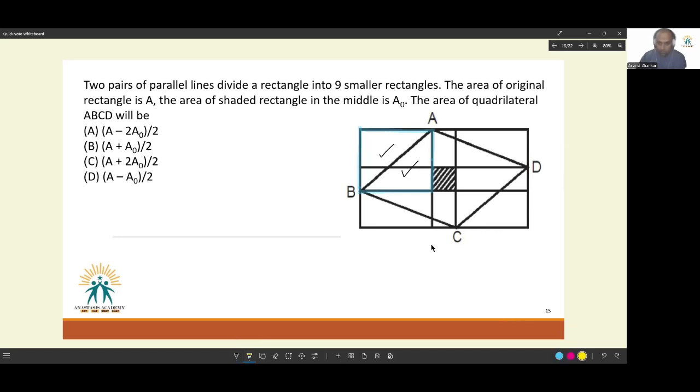Now, look at this rectangle that I'm marking with a yellow line. Can I say these two will have equal area? Or let me not use a tick because tick was used earlier. Let's say the area for these two. This is a diagonal of this. So these two sides will have equal area. Also, AB is the diagonal. These two sides will have equal area.